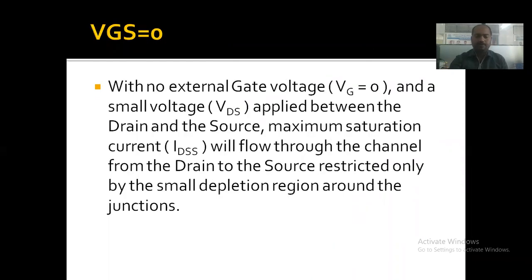Now we have seen the first condition, that is VGS equal to 0, where the largest amount of current flows through the device. There is another condition. This is the diagram for VGS equal to 0.